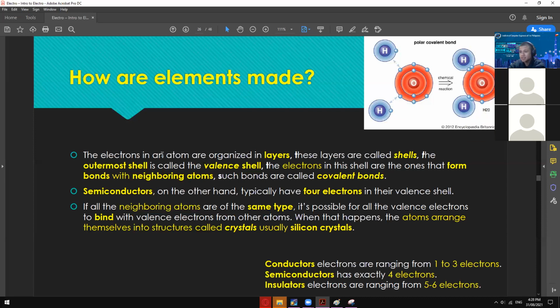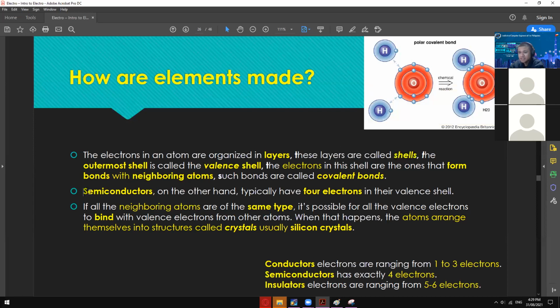The electrons in an atom are organized in layers. These layers are called shells, and the outermost shell is called the valence shell. Whatever our outer shell is, that is the one attracting other elements, so they can meet, electron to electron. And once that is formed, it will come up with another element.